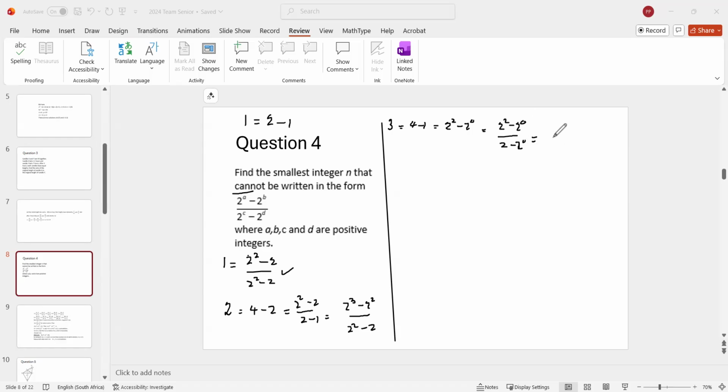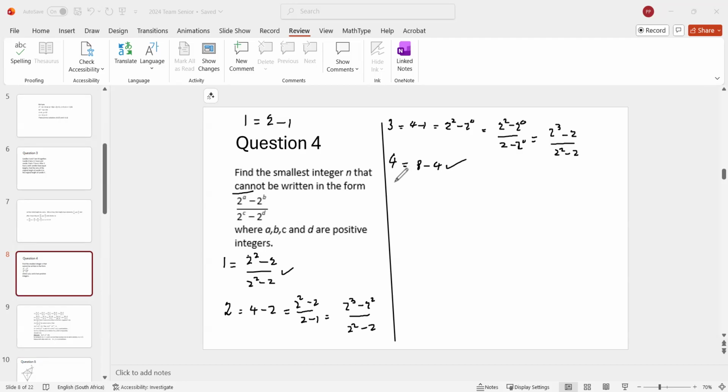So you multiply right throughout by 2, and you'll get 2 cubed minus 2 over 2 squared minus 2. Right? And check it out, you get 8 minus 2 is 6, and 4 minus 2 is 2. 6 divided by 2 is 3. So 3 works. Now, you can try all these. You can start with 8 minus 4 and do the same thing, and you will see that it works.